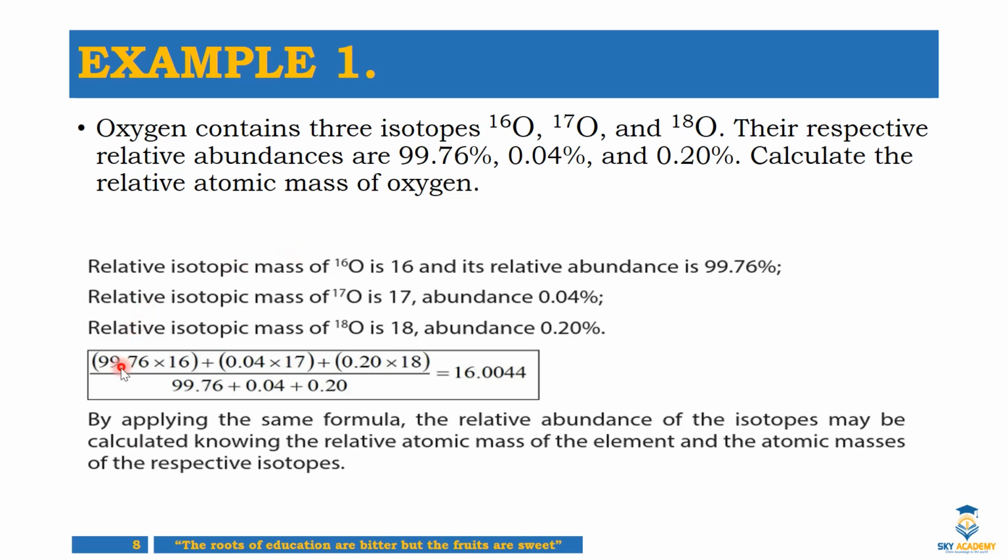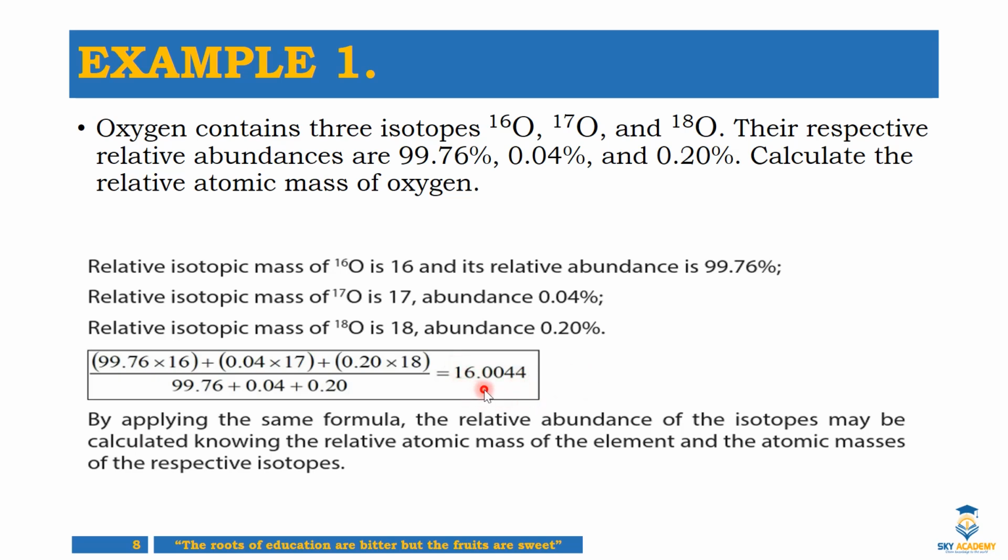We say abundance 1 times mass 1 plus abundance 2 times mass 2 plus abundance 3 times mass 3, over the total abundances. So we calculate, then we get this answer. This is the relative atomic mass of oxygen as we use today.